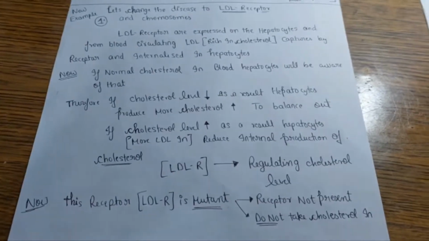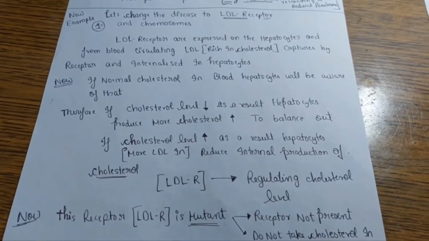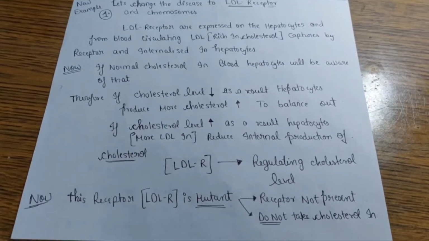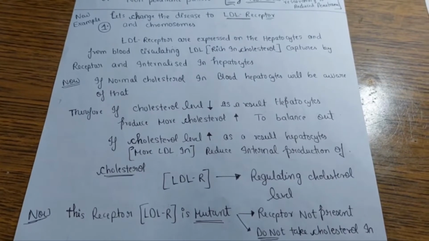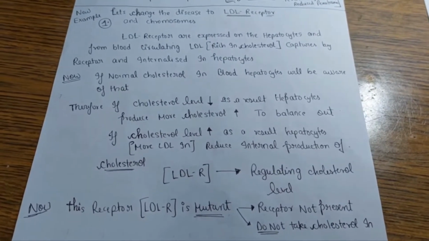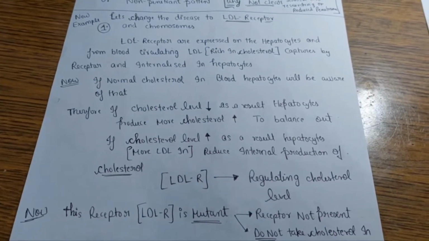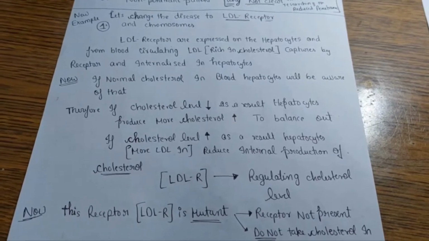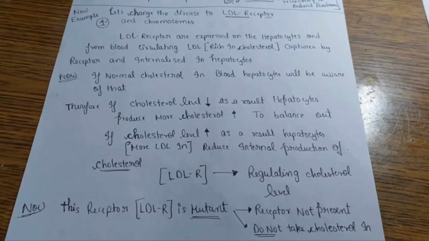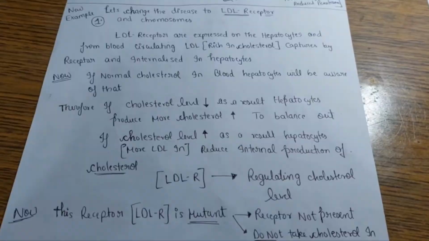To understand reduced penetrance better, we are going to take the example of the LDL receptor and its chromosome. The LDL receptor is expressed on hepatocytes, and from the blood circulation, LDL, which is rich in cholesterol, is captured by the receptor and internalized in the hepatocyte.